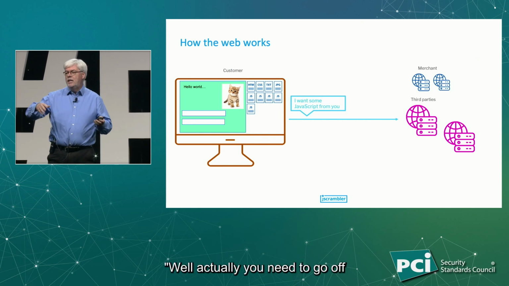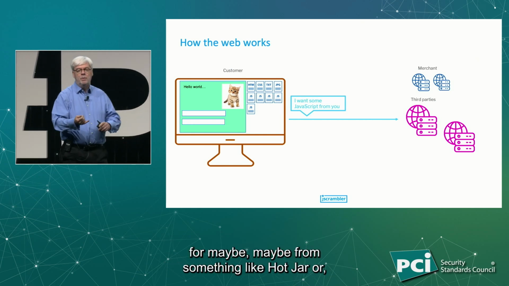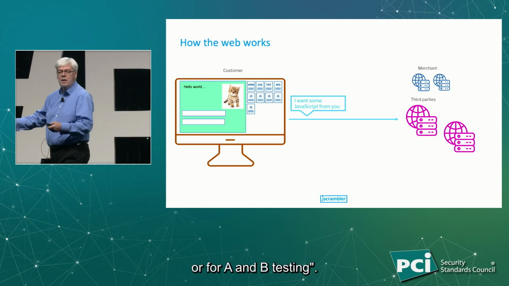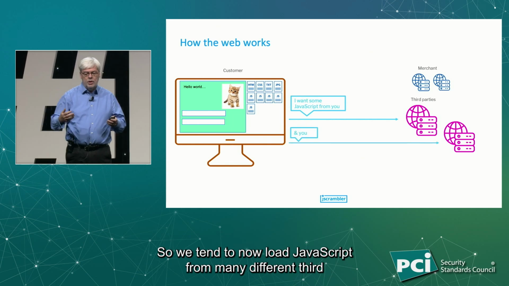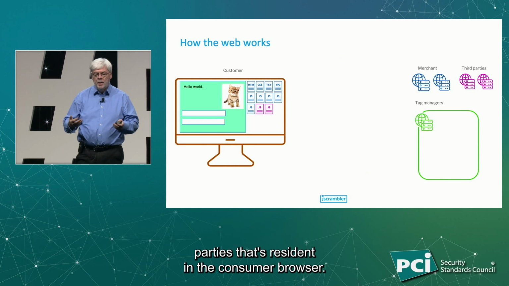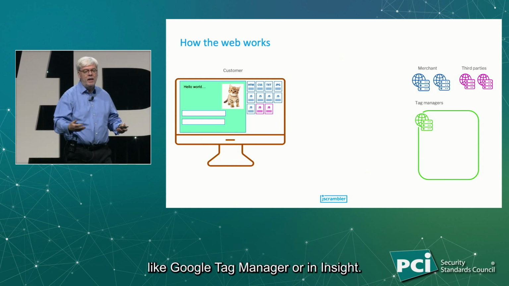And then we said, well, actually, you need to go off and get some JavaScript from some third parties, maybe from something like Hotjar or Clarity, something for user experience or for A/B testing. So we tend to now load JavaScript from many different third parties that's resident in the consumer browser. And then maybe we come across an advertising tag manager like Google Tag Manager or Insight.